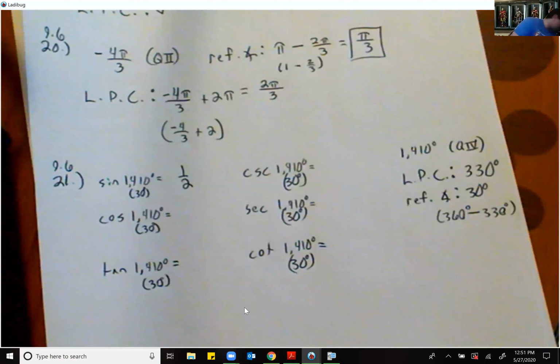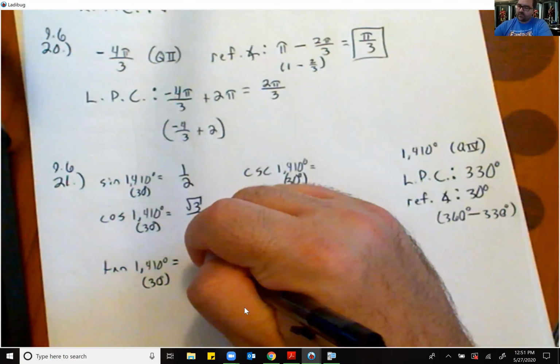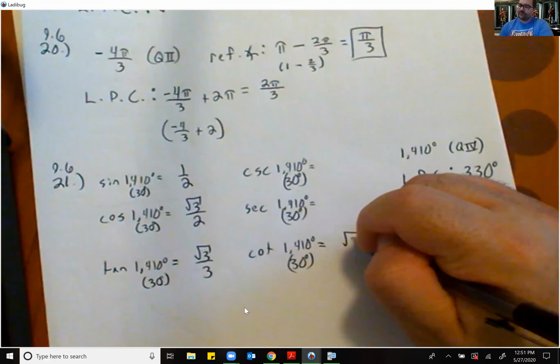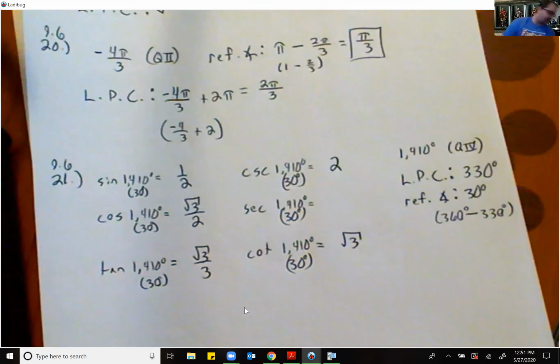Tangent of 30 degrees is the square root of 3 over 3. Cotangent is just the square root of 3. Cosecant is 2. And secant is 2 square roots of 3 over 3.